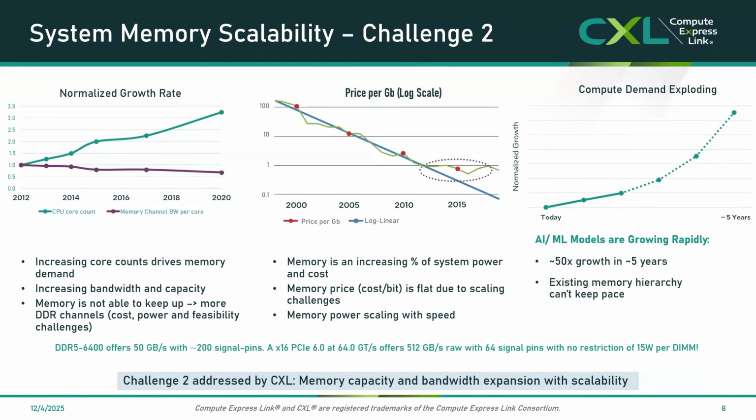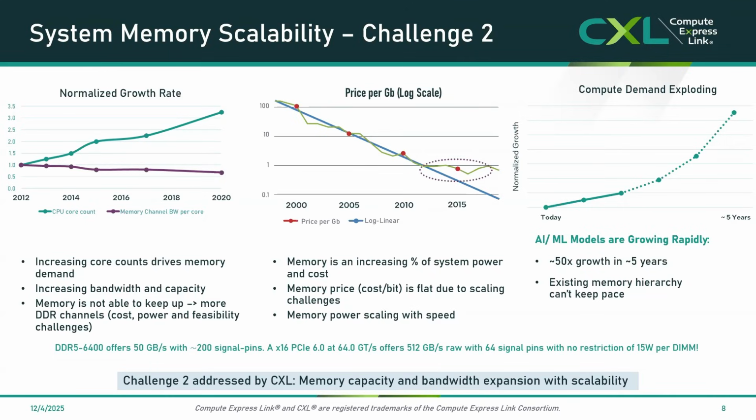And fundamentally, the key reason for this mismatch is the scaling inefficiency inherent with a parallel DDR interface. So even adding more and more DDR channels significantly adds to the platform costs and also introduces signal integrity challenges when you have that many wires running around on your board.